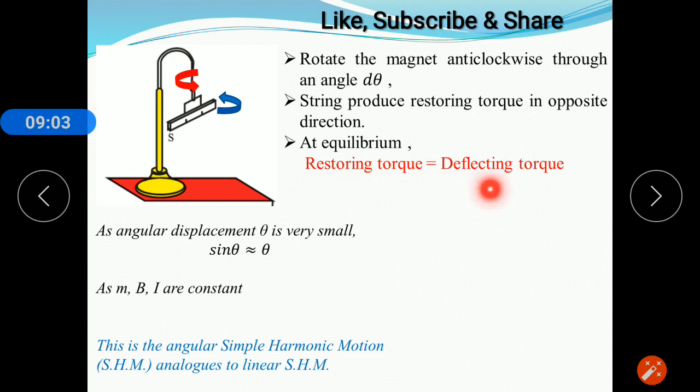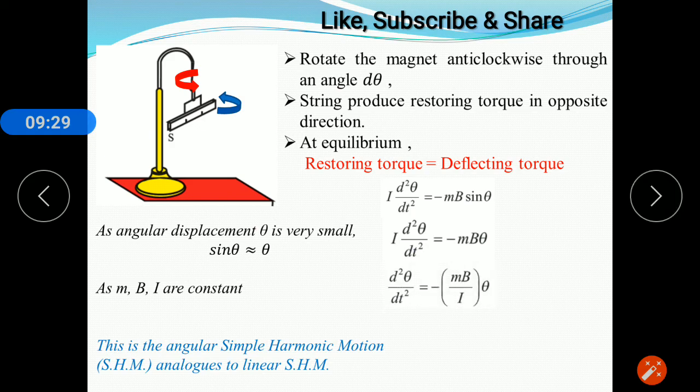So at equilibrium, the restoring torque is equal to the deflecting torque. The restoring torque is I d square theta by dt square, moment of inertia times angular acceleration. The torque is minus mB sin theta. Now I d square theta by dt square is minus mB theta, because the angular displacement theta is very small, so sin theta is nearly the same as theta.